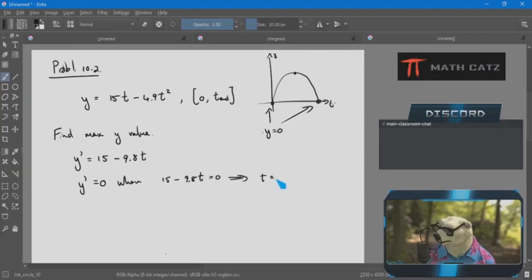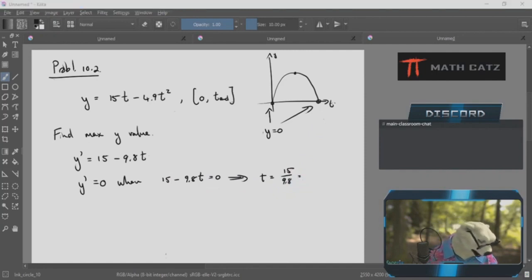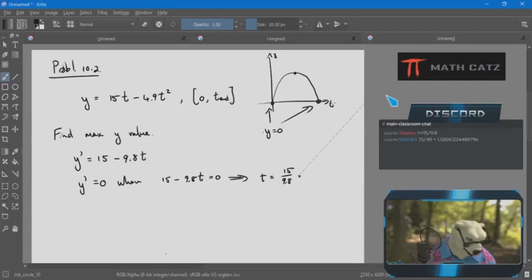And that means that t is 15 over 9.8. Let's see if that gives me a nice number. I'm not interested in rounding this early. 15 divided by 9.8. No, of course not. It's going to be unpleasant. But it's a good example.